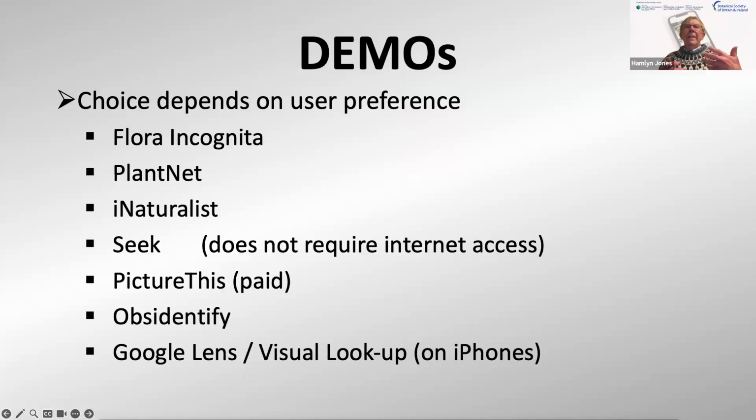So various apps that we've looked at. Oh, I didn't mention iNaturalist. Perhaps we can come back to that later. No, perhaps I should do iNaturalist because it has a rather different way of presenting its results.